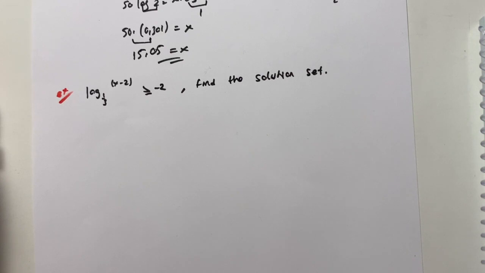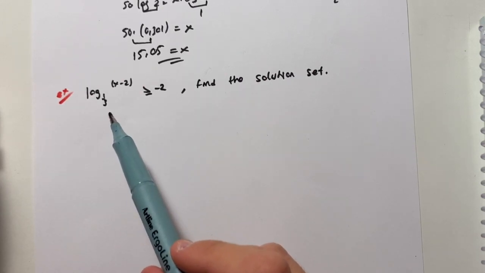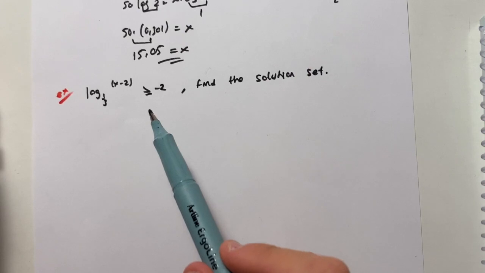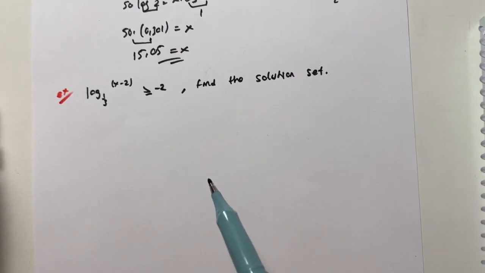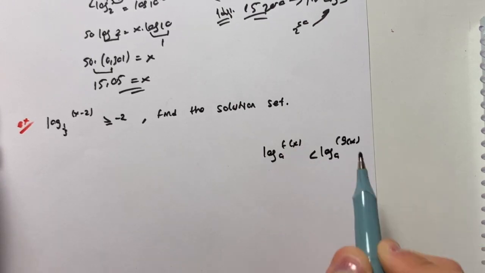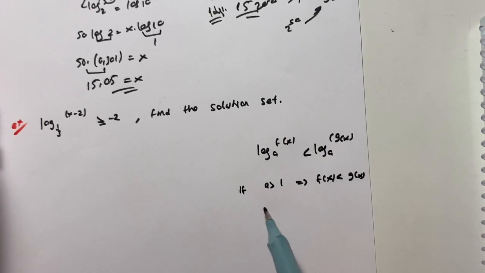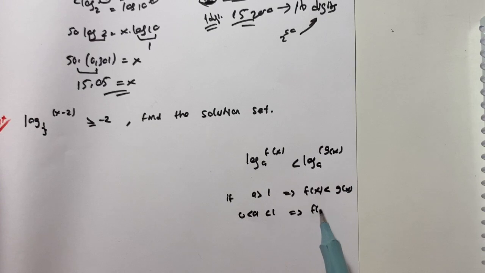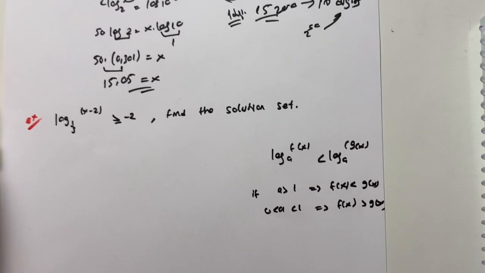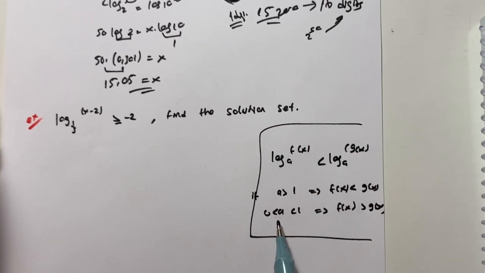This type of question is also an interval question, but this is different since the base is not bigger than 1. In those cases where the base is in between 0 and 1, we have another rule. Let me write that. As you can see in this part, if the base is in between 0 and 1, the whole thing is opposite.